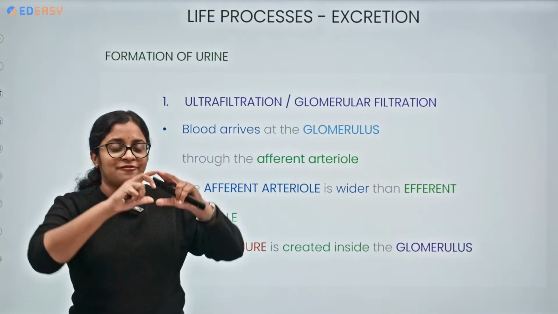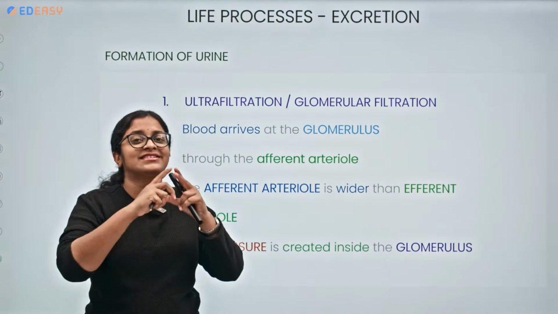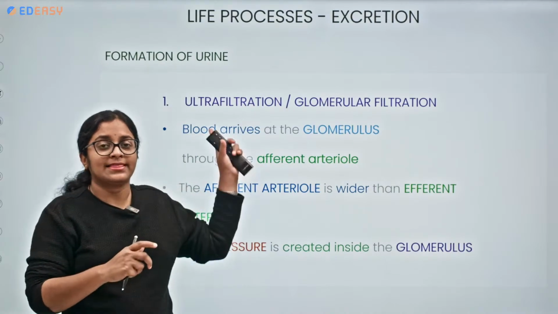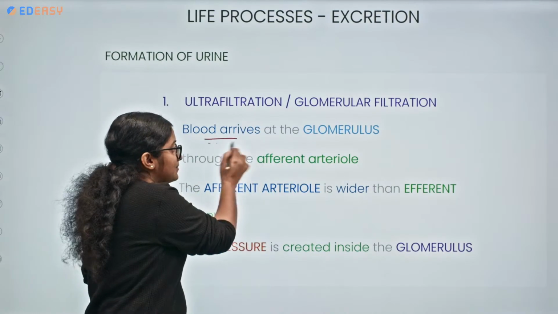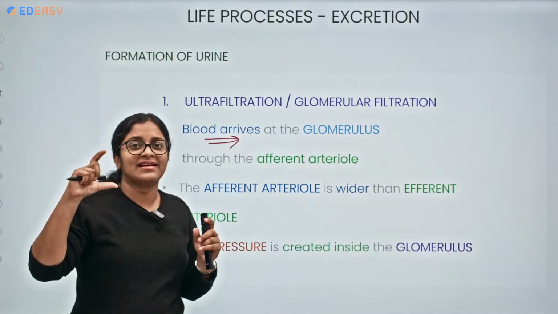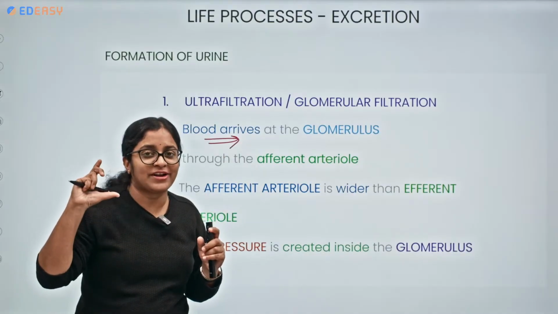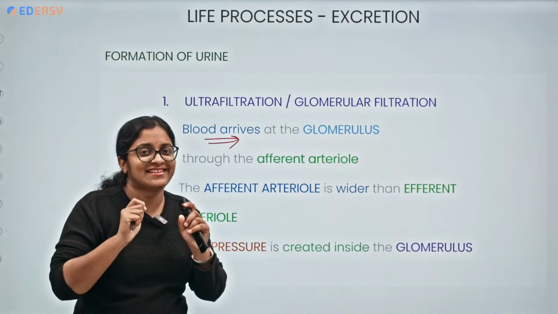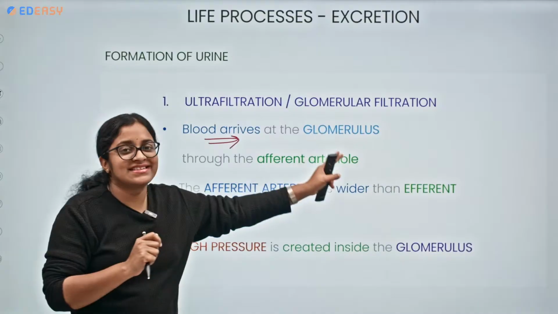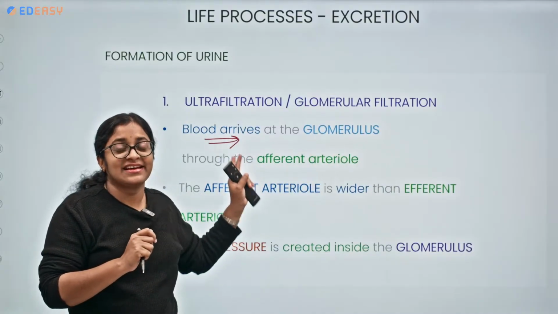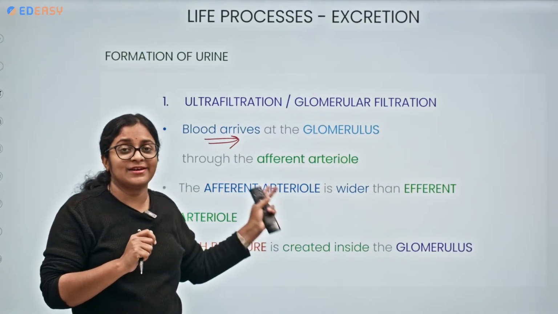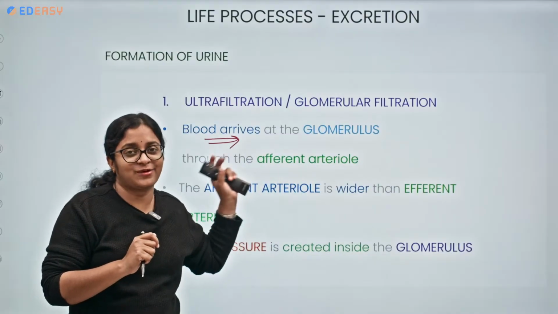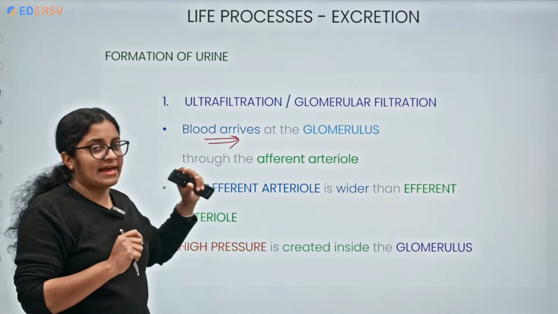So first, what happens inside the Malpighian body? The blood will be entering. Imagine the tea with the tea powder in it entering the strainer. Now the blood is arriving at the glomerulus through an arteriole called the afferent arteriole.